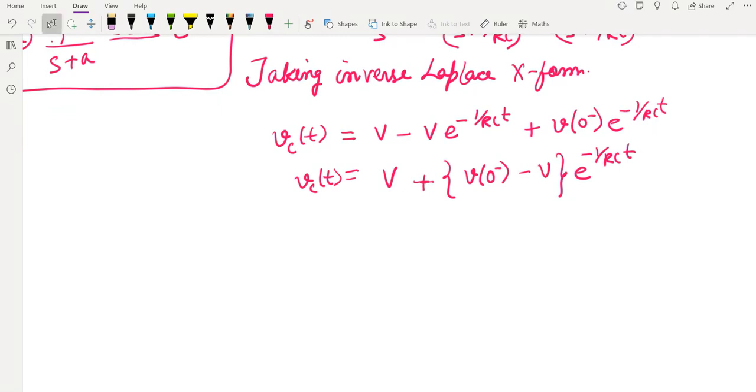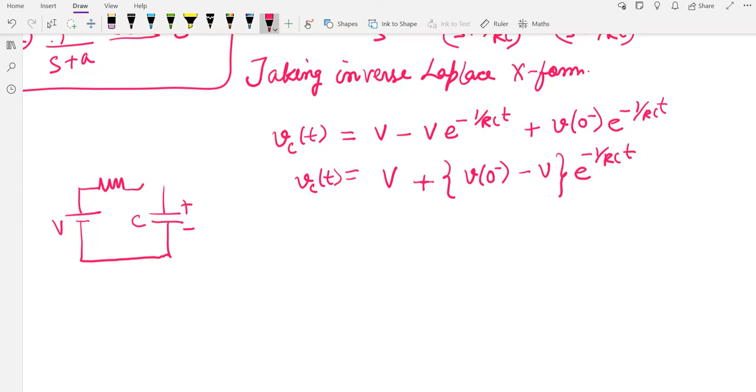So if we see the circuit, we had an R, we had a C, and there was a source v. This capacitor will store the energy as soon as the switch S is closed.